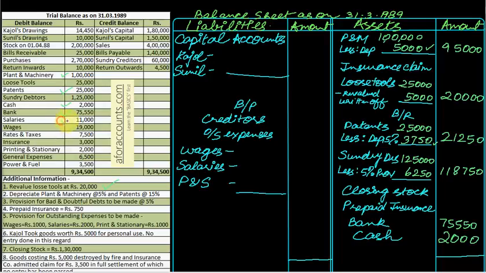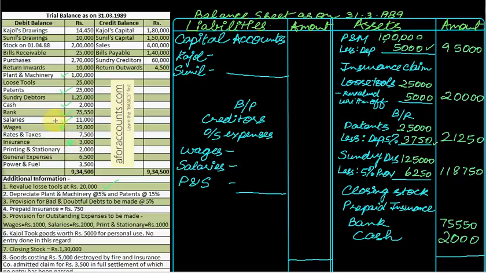Salaries 11,000 and see provision किस किस का है. Provision for insurance में एक तो आपका there is an adjustment. So mark insurance over here with an adjustment. Provision for outstanding expenses to be made. Wages, salaries, printing and stationery. So wages.